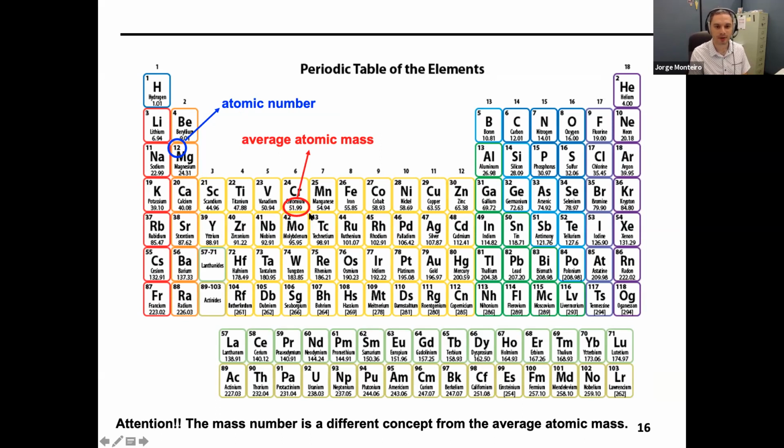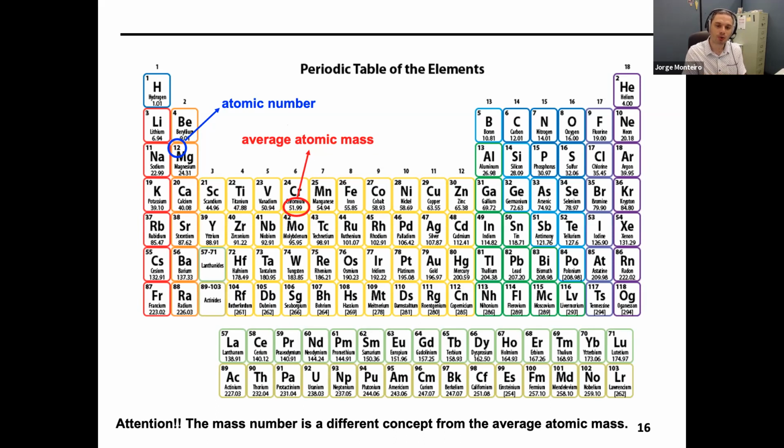The second thing that we will find in a periodic table is a number at the bottom, and this number is the average atomic mass. Be very careful here.